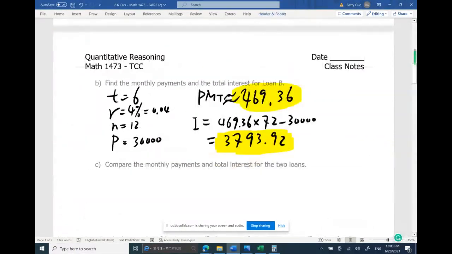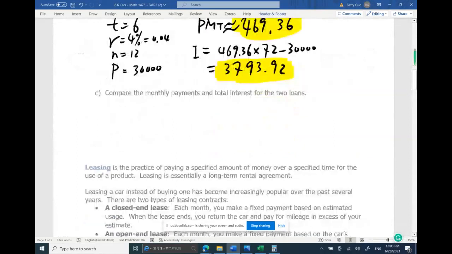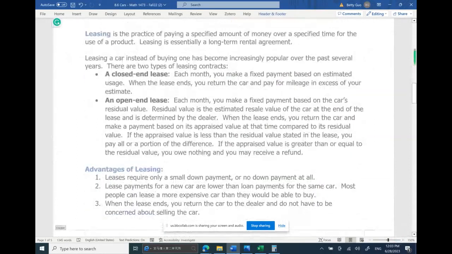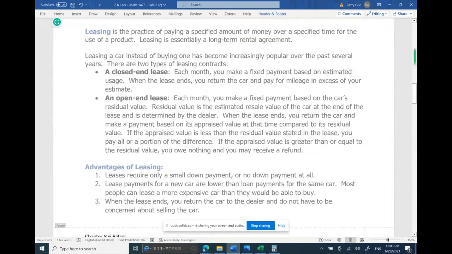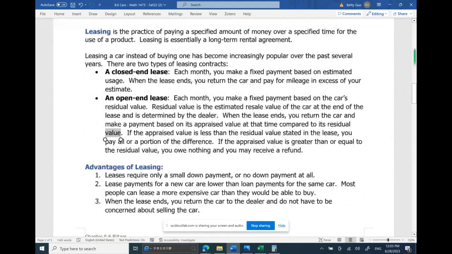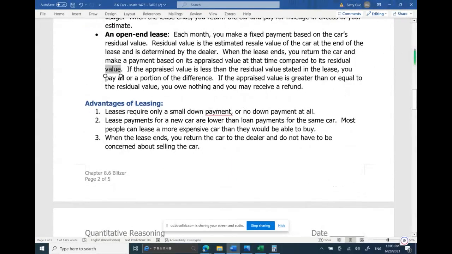Okay, so that is this example. Let's keep going. In this part, we have the information about leasing a car. Two types of leasing, closed-end and open-end. Please spend time to study that on your own. Benefits of leasing, disadvantages of leasing.